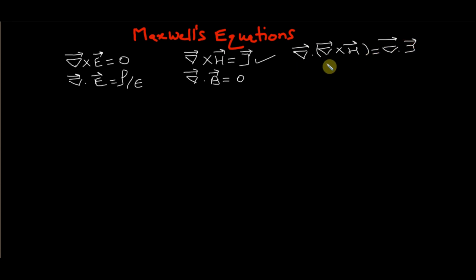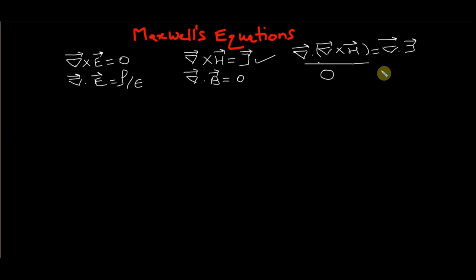Now we know we have an identity in vectors: the divergence of the curl of any vector field is always 0. So del dot del cross H is always 0. This is the identity in vectors.